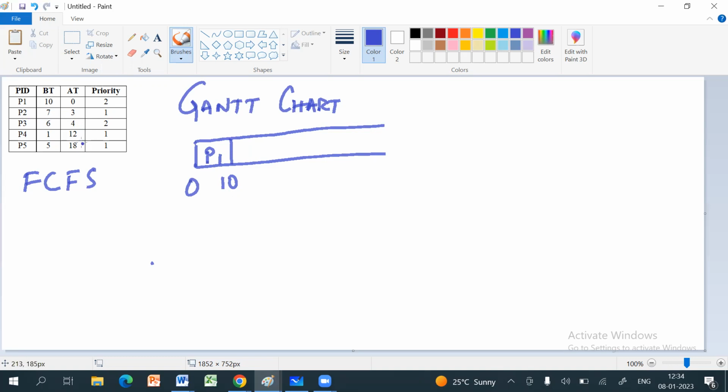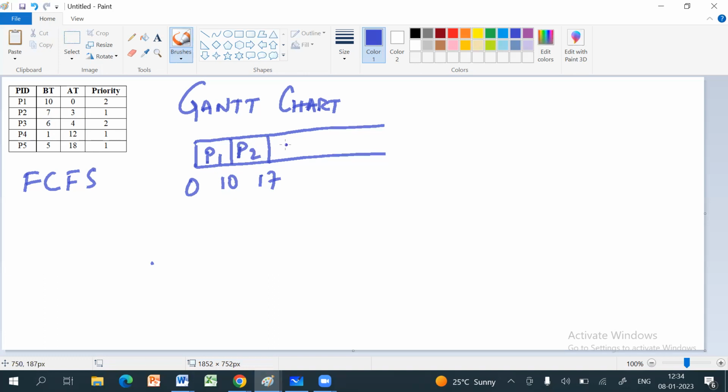P4 and P5 have not yet arrived because their arrival times are well above the current time. P2 and P3 have arrived, but P2 has the earlier arrival time, so P2 will be scheduled first. P2 has a burst time of 7, so starting from 10, it will execute till 17.